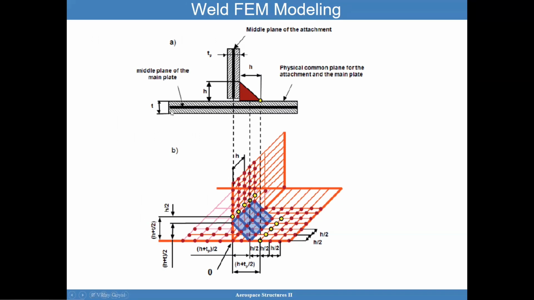Then for the bottom piece, you could also use shell elements. The idea is to connect these pieces with another shell that goes from this point to this point, with a mesh density fine enough to have enough definition to get a general perspective on the loading that you're getting into this weld.